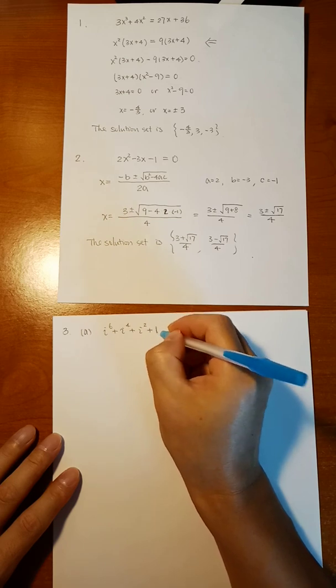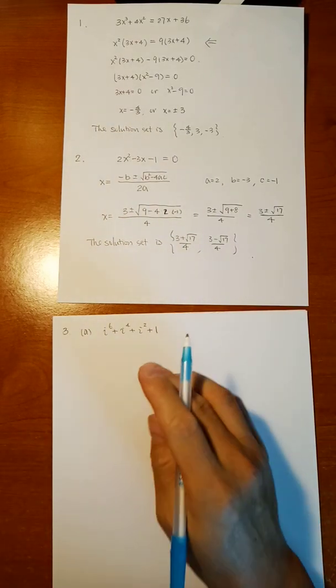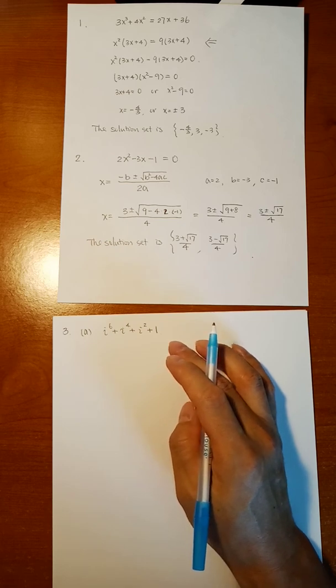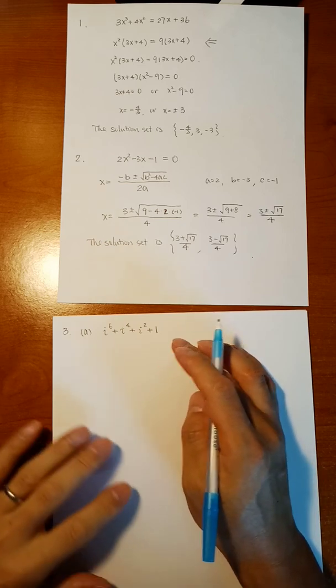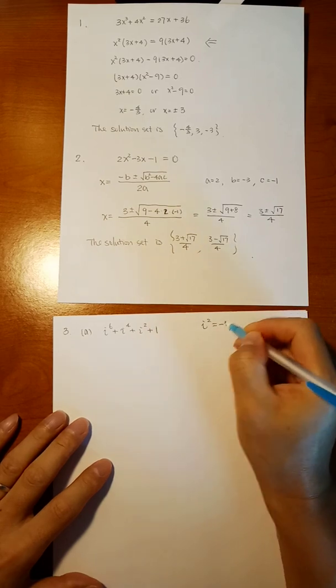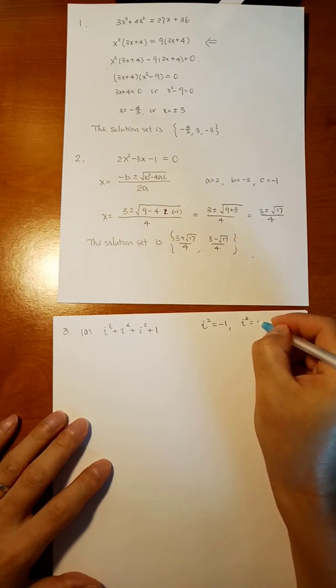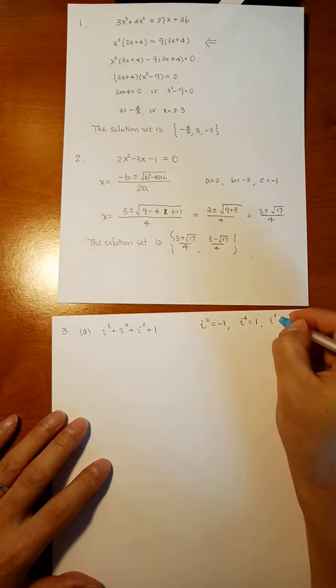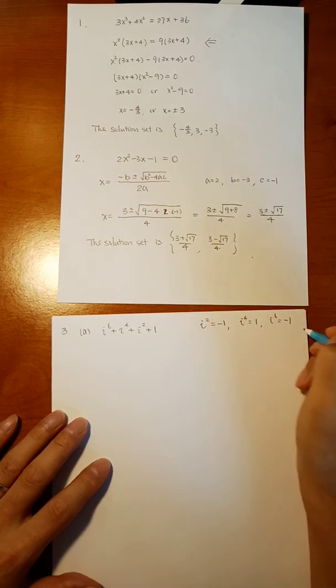They are separate two parts. So first you're going to evaluate i to 6 plus i to 4 plus i squared plus 1. i squared is -1, that's the definition. i to 4 is 1, it's a square of i squared. -1 squared is 1. i to 6 is -1.